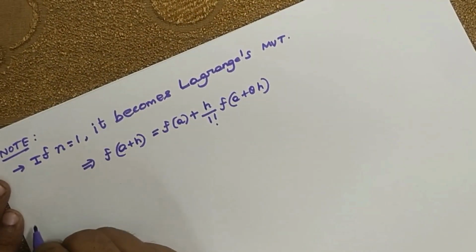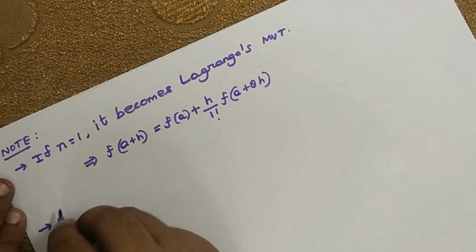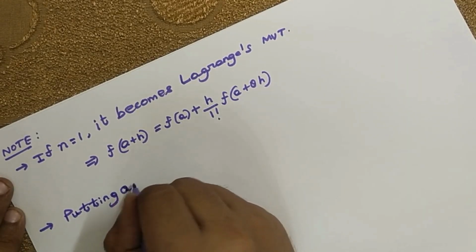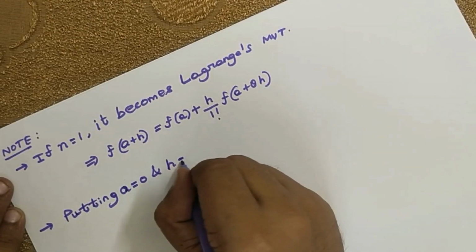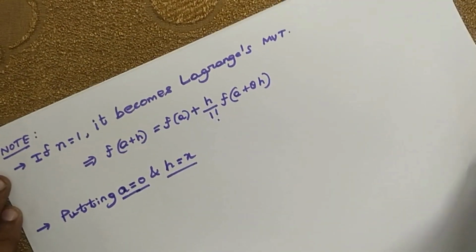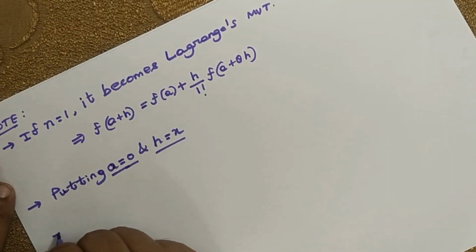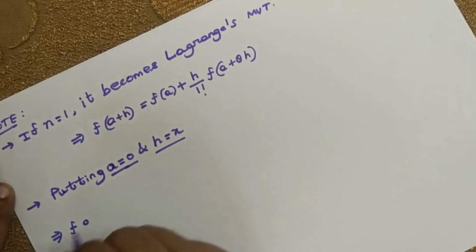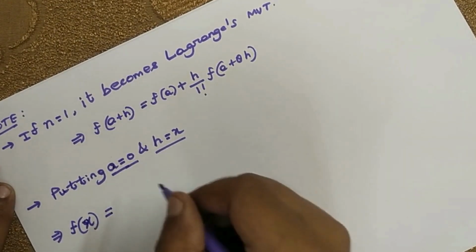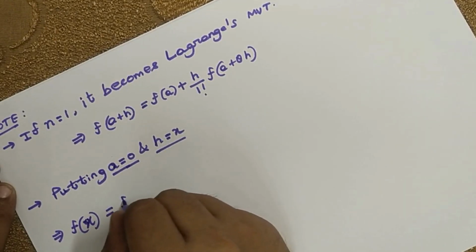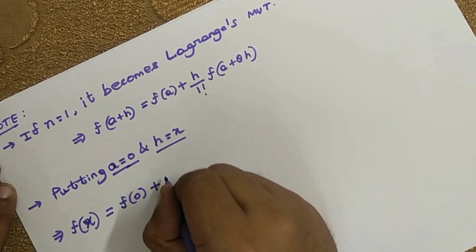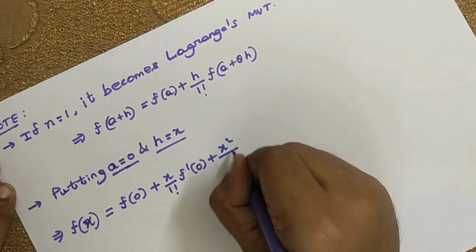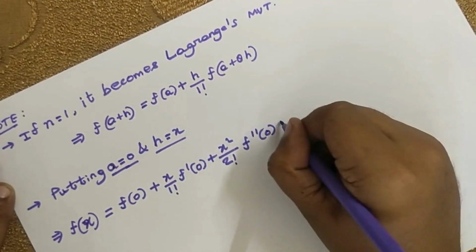Let's see another note point. Putting a is equal to 0 and h is equal to x in Taylor's theorem, what does f of a plus h become? With a is equal to 0 and h is equal to x, f of x will be f of 0 plus x by 1 factorial f dash of 0 plus x square by 2 factorial f double dash of 0 and so on.